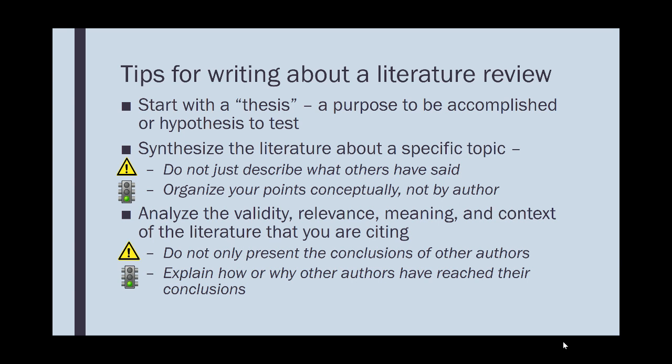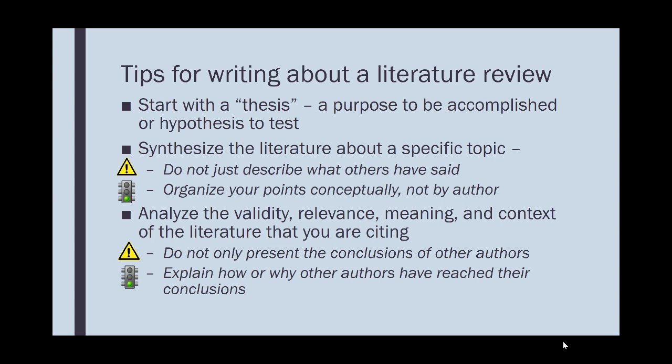Practical tip is you want to organize your points conceptually, not by the author that said them. So if you're talking about a particular area in your topic, and author A says X and Y, and author B says Y and Z, and author C says X and Z, rather than present what each of these authors says in turn, it helps to organize by the topic.